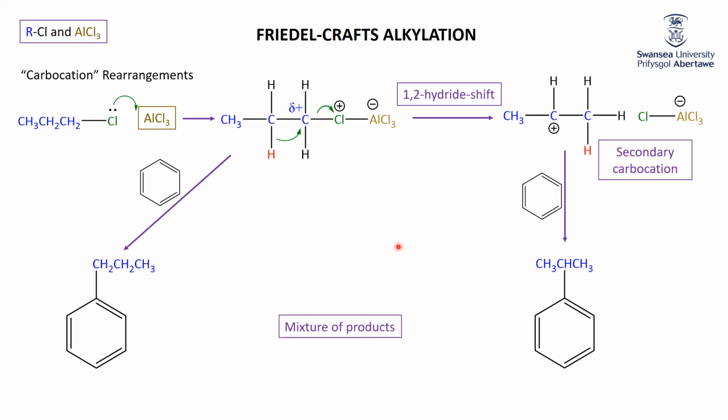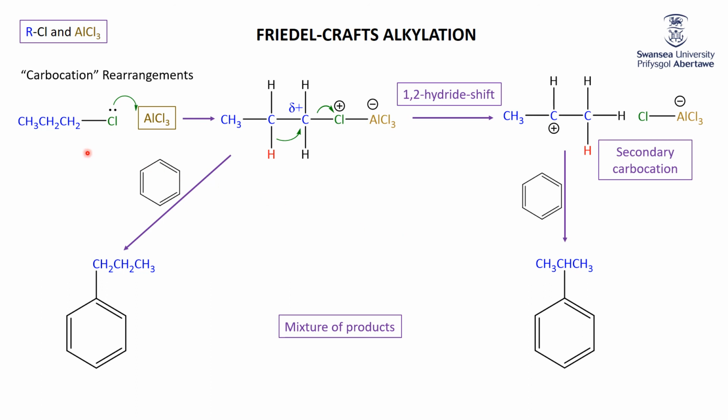Tertiary alkyl halides, great, because you make that tertiary carbocation. There's some potential messing around with tertiary carbocations, but nothing we need to worry about here. So a tertiary alkyl halide will give you the tertiary carbocation, which will make the benzene complex.